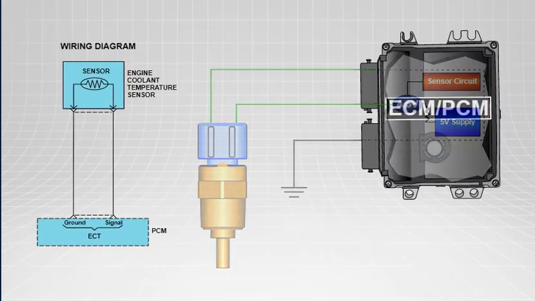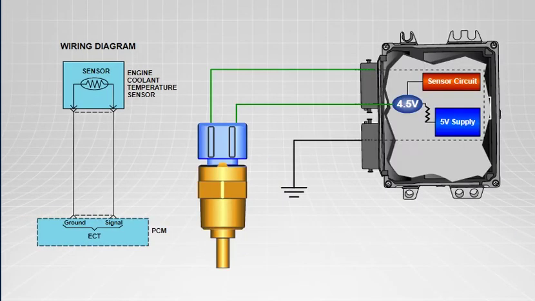A thermistor is wired in series from the PCM 5-volt supply with a return path to ground through the PCM. For the PCM to use a thermistor as an input, it has to be able to monitor the change in resistance value. To accomplish this, a fixed resistor is added in series with the thermistor. This resistor is inside the PCM and is sometimes called a dropping resistor.